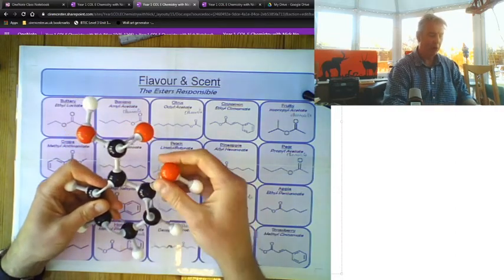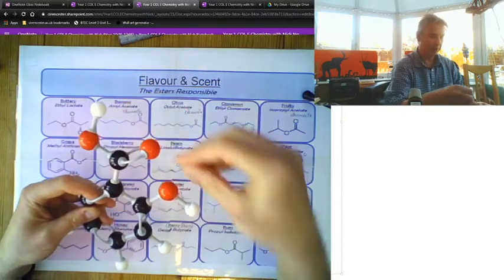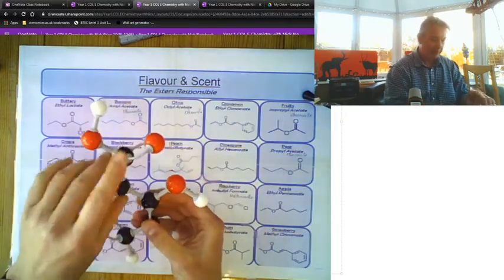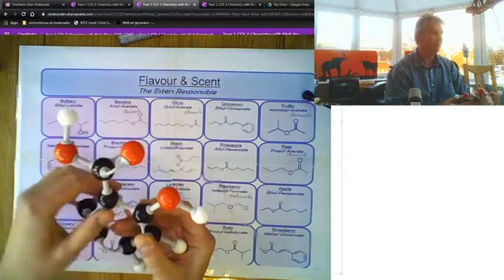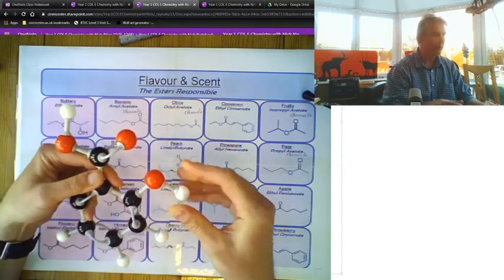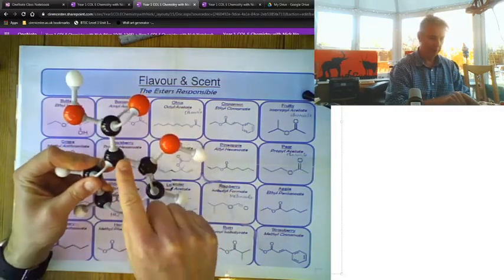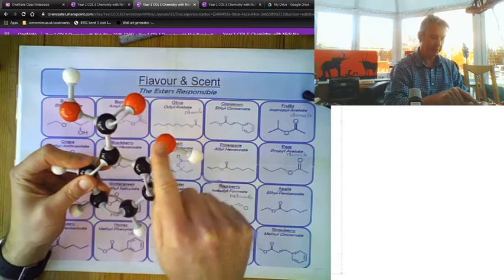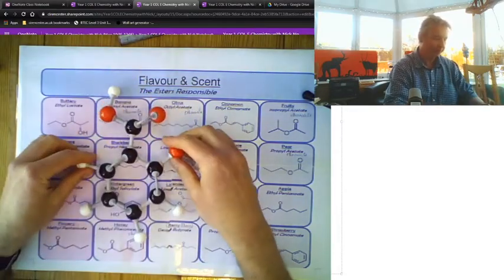Now we don't call it -ol anymore because the alcohol group is not as important as the carboxylic acid group at the top. That's on carbon number 1 of the ring, so the alcohol is on carbon number 2, and because it's not the important group anymore, it becomes hydroxy. So this is now 2-hydroxybenzoic acid, and benzoic acid is the rest of the molecule.